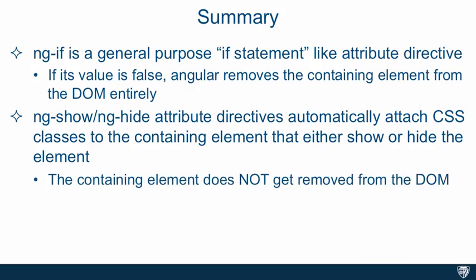The containing element, however, does not get removed from the document object model. So if for some reason you still needed to manipulate that element while it's hidden, you can do that with ngShow and ngHide, but you would not be able to do that with ngIf, since when its value is false, the entire element gets taken out from the document object model.